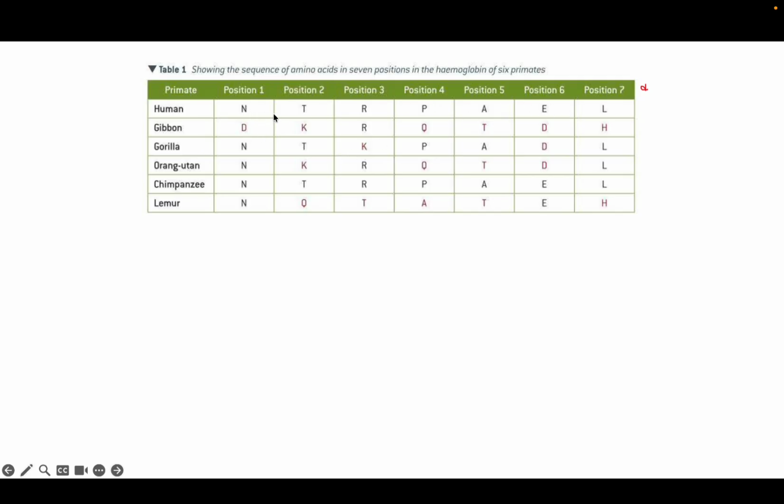And if it's different from the reference, so if we're using humans as a reference, then it's in red. If it's the same as the human amino acid in that position, then it's in black. So the first step is to find the number of differences, which is 6, 2, 4, 0, and 5, with the humans as a reference.